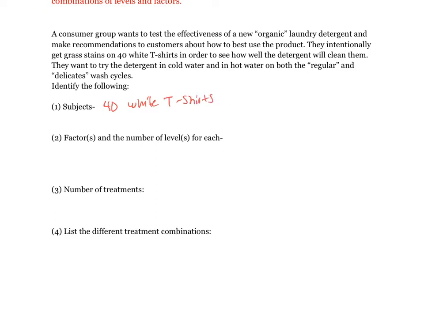Okay. The factors, and the number of levels of each. The factors are water temperature and wash cycle. And inside each of those, for water temperature, there were 2 levels, hot and cold.